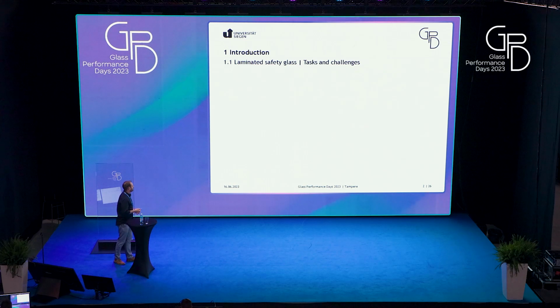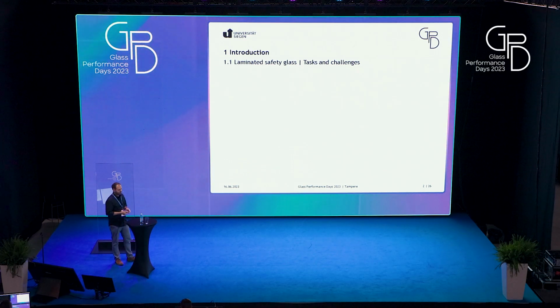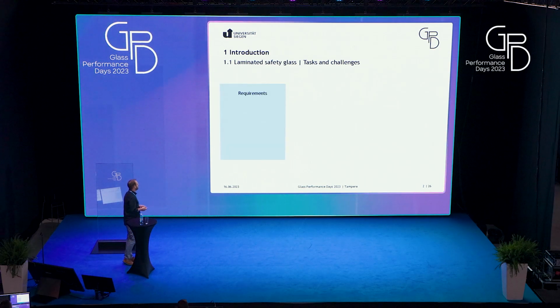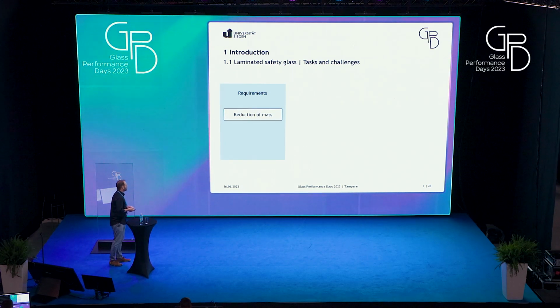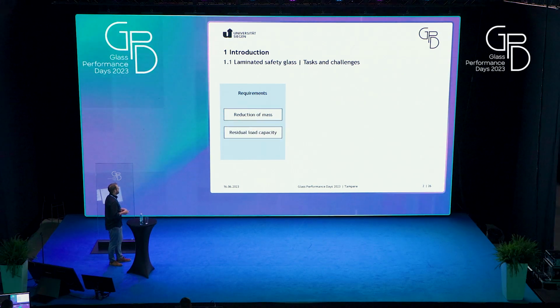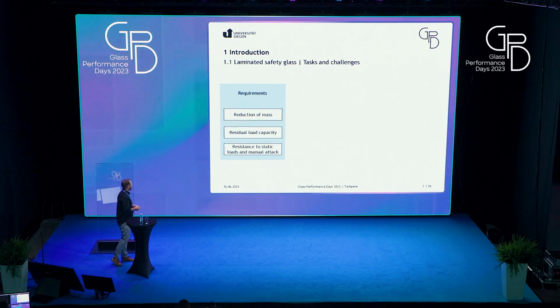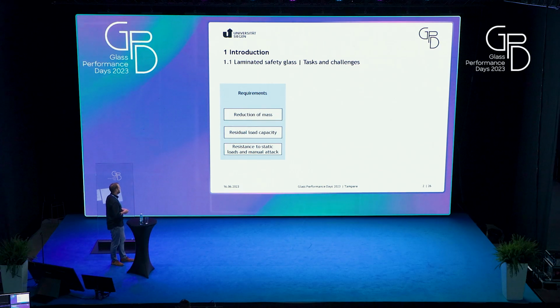First of all, I want to introduce you to some research topics in general. On the left, we have the requirements. Assigned to the requirements are the reduction of mass, the residual load capacity, the resistance to static as well as dynamic loads, and manual attack.